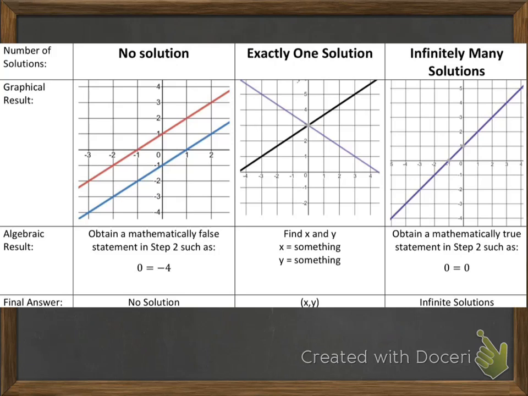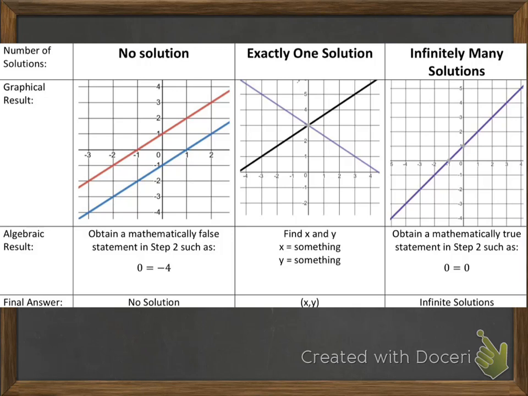So when we use the process of substitution or elimination, when we use either algebraic approach, we also can get no solution, exactly one solution, or infinitely many solutions. Again, substitution as well as elimination or addition are different ways to achieve the same result. We're doing the exact same thing, and we should get the same answer whether we solve a system of equations graphically or using one of the algebraic methods.